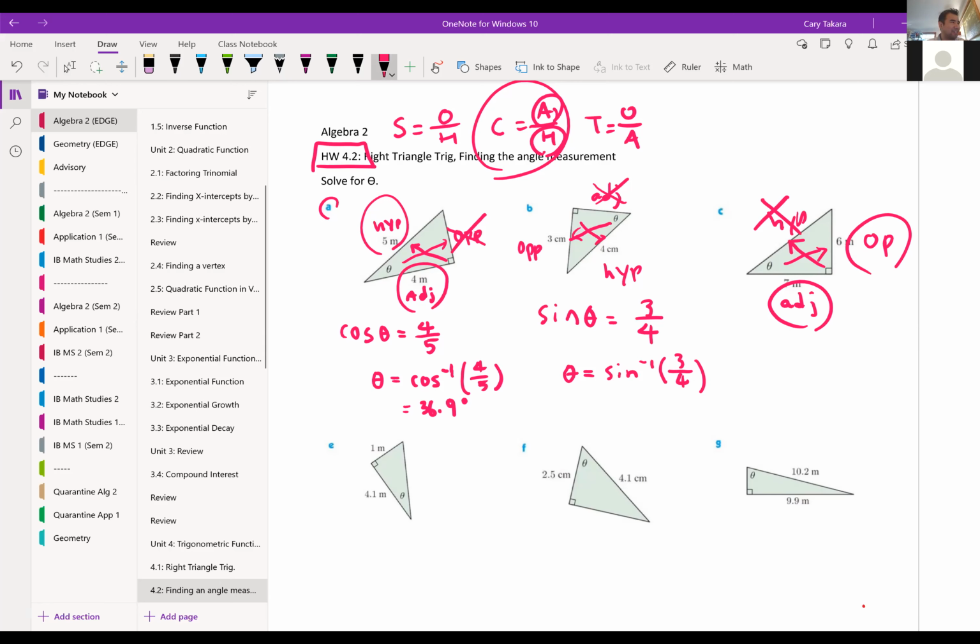Yeah, there's no letter D. I made this worksheet by cutting and pasting from another Algebra 2 textbook. Good point, there is no D. A, B, C. Yeah, there is no D, guys. I'm sorry.